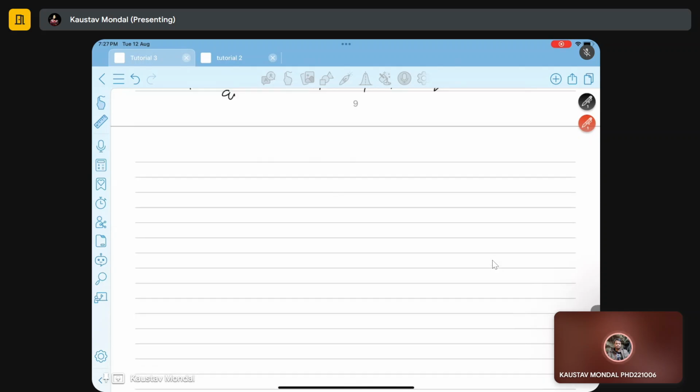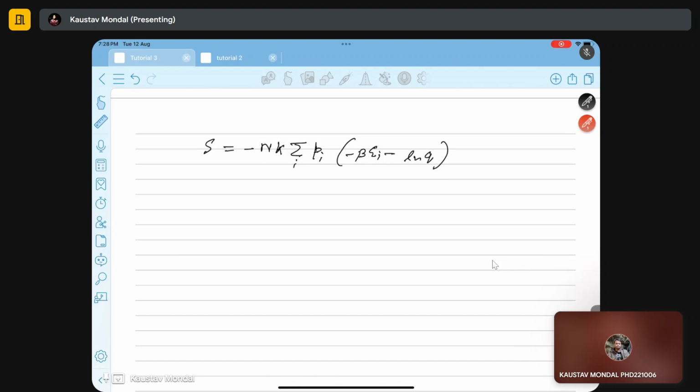So in that context, entropy would be minus nk summation over i Pi, where Pi is a probability, times minus beta ei minus ln q. Now, if you do the algebra, it will give you nk summation over i Pi beta ei plus nk summation over i Pi ln q.